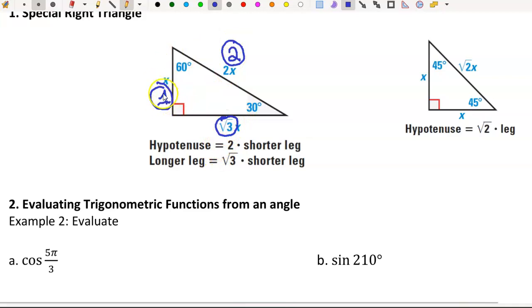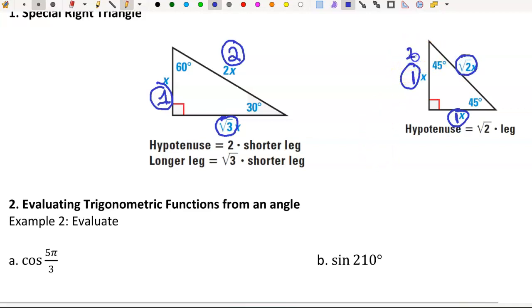So it goes from the short leg to the longer leg to the longest side, which is, of course, the hypotenuse. And then we have the same thing for the 45, 45, 90. If the rise and the run were equal, both 1, it turns out the hypotenuse is just 1 times root 2, or in this case, just root 2.